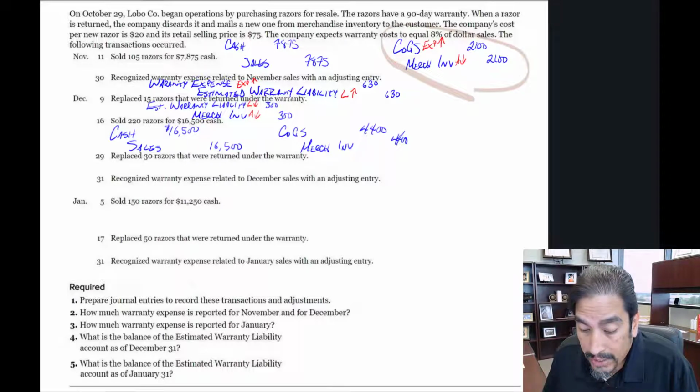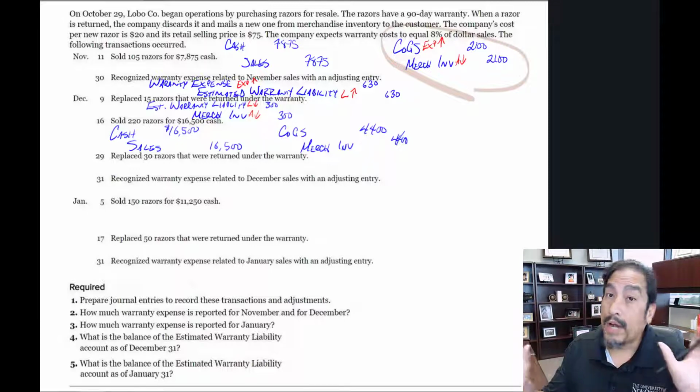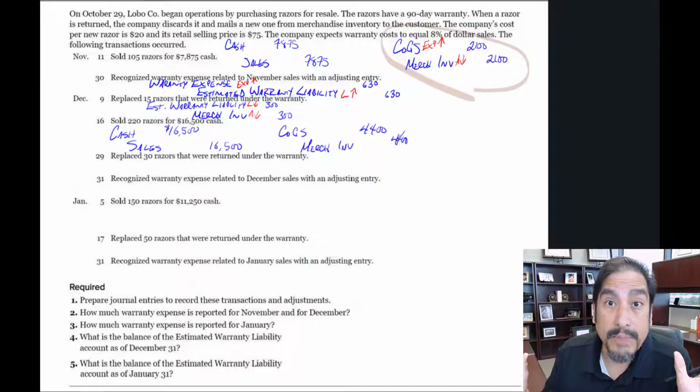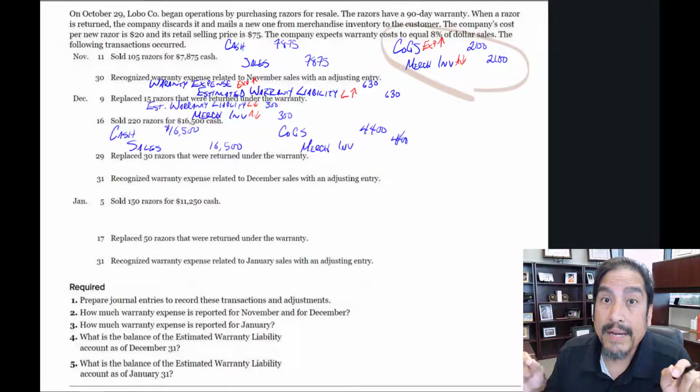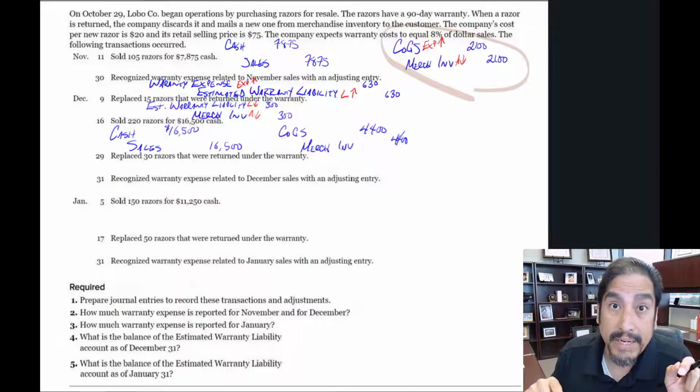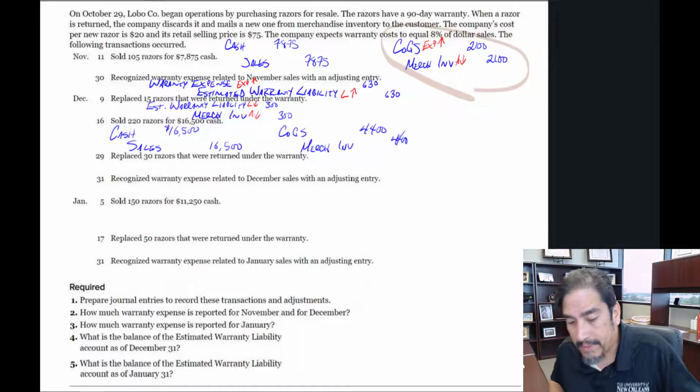Next, on December 30th, we got some more bad razors, this time 30 of them that were returned under warranty. So again, we're not going to expense. We've already expensed and created that estimated warranty liability account, so we're going to hit that estimated warranty liability account. We're going to debit it. It's a liability account. That's how we reduce a liability account.